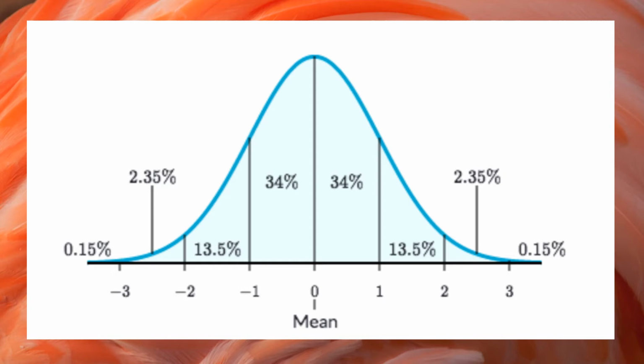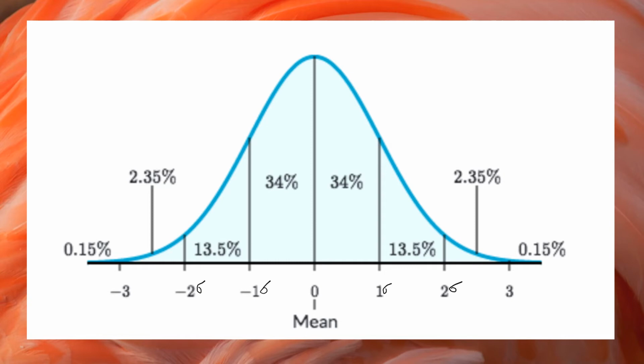Since it is symmetrical, when we divide this whole area by the 68, 95, 99.7 rule, this is what we will have. This is mu minus 1 sigma to mu plus 1 sigma with 68. When you divide that in half, you'll have 34 on either side. Mu minus 2 sigma to mu plus 2 sigma, you have 95%.